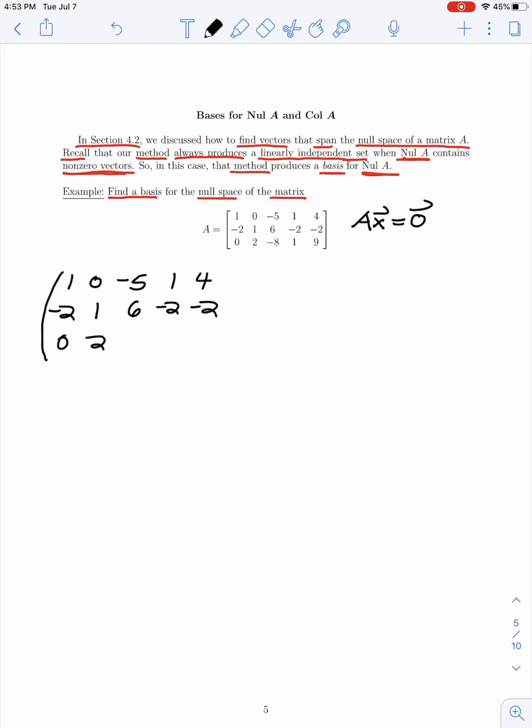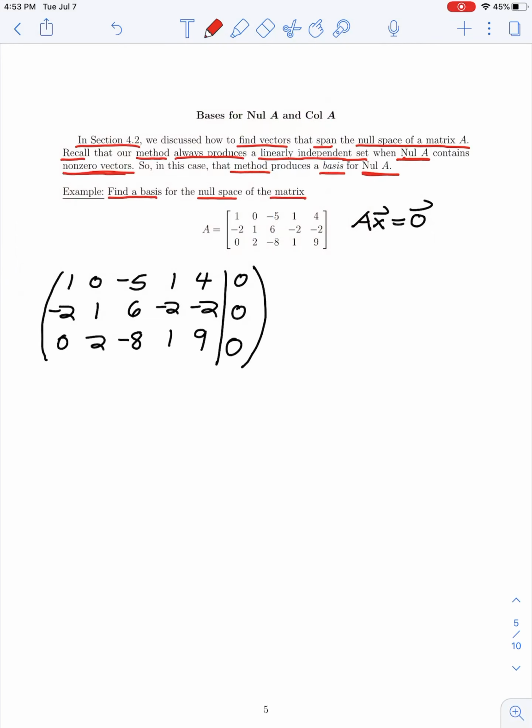And third row was 0, 2, -8, 1, 9. And augment that with the 0 vector, since this is a homogeneous linear system. And we want to perform row reduction on this to reduce it to a reduced row echelon form.